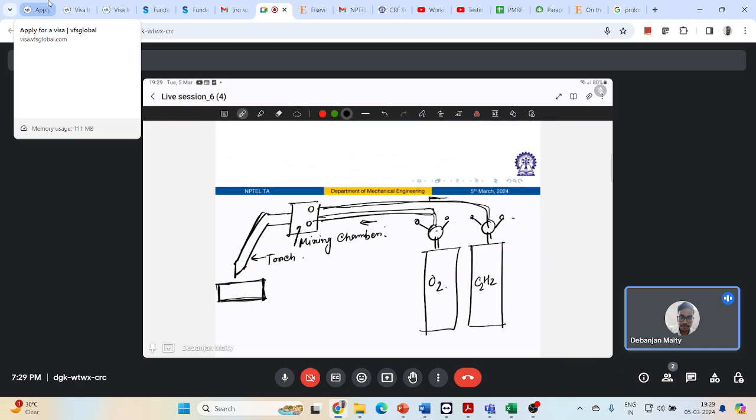Now you must have kept this acetylene in a confined space. Acetylene can decompose into carbon and hydrogen, right? If it is getting decomposed into carbon and hydrogen, that results in high pressure. When your pressure reaches a certain value, around 0.2 megapascal, this mixture of carbon and hydrogen becomes violently explosive, right? Even in the absence of oxygen.